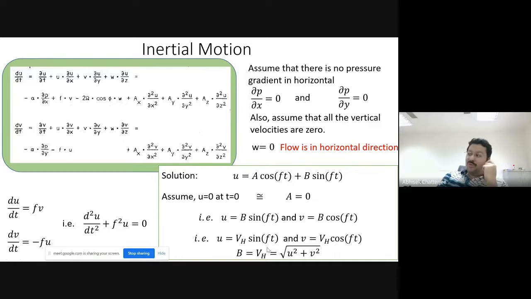So my flow field will look like a cycle, a circular motion, because u is sine and v is cos. It will be like a cycle with a speed of vh and angular velocity f.